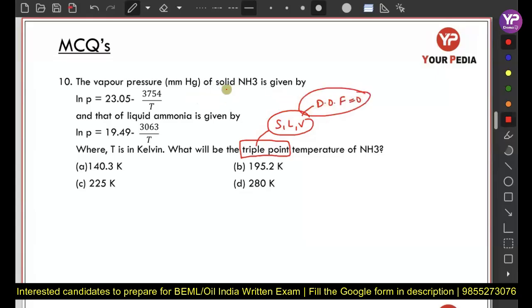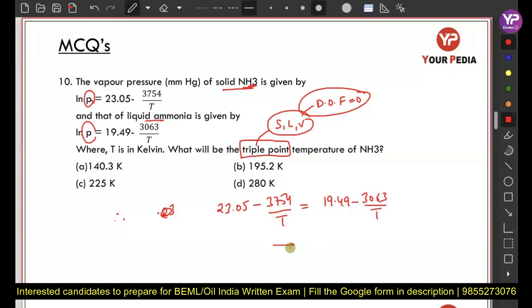Now, the solid ammonia and the liquid ammonia are both defined in terms of pressure, and the expressions are different. Can I say that at the triple point both of them are going to have the same pressure and the same temperature? So correspondingly I can write 23.05 minus 3754 by temperature equals 19.49 minus 3063 upon temperature.